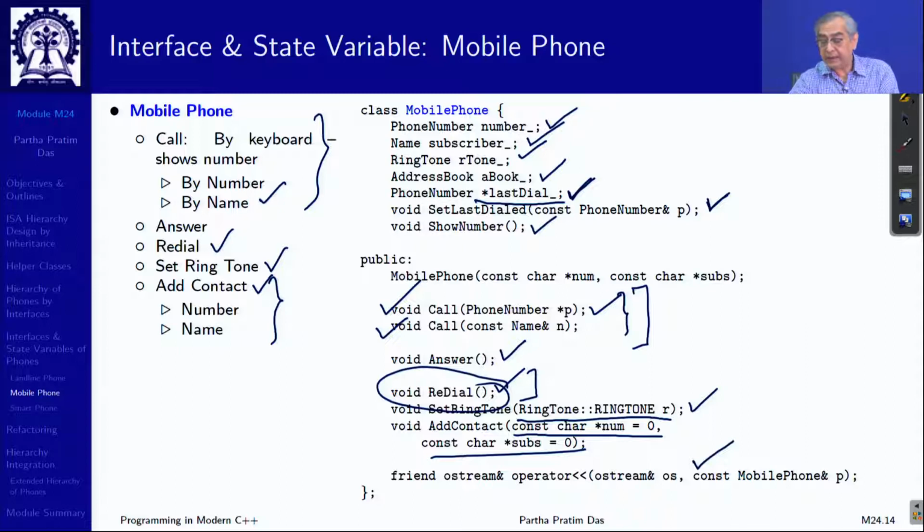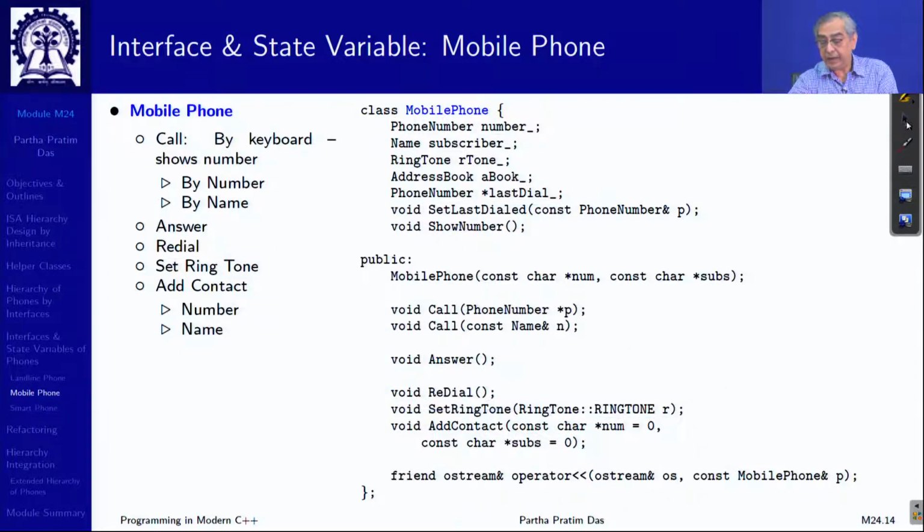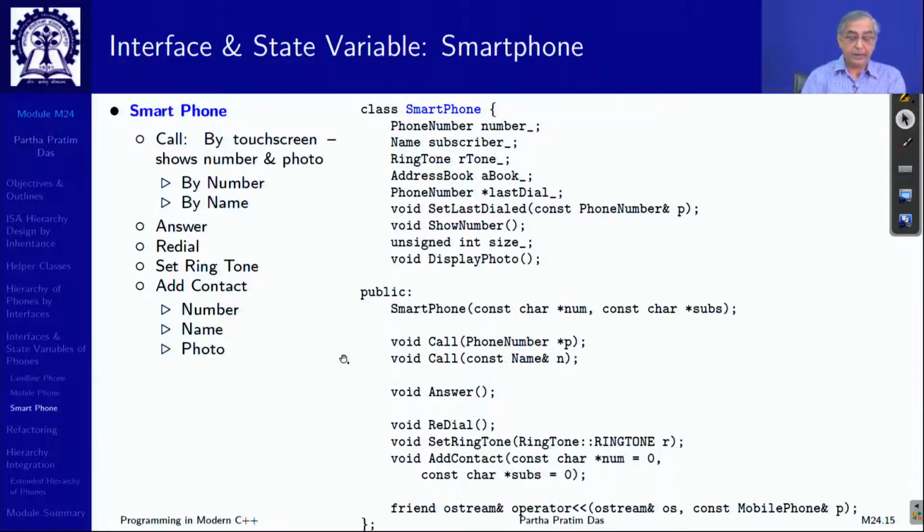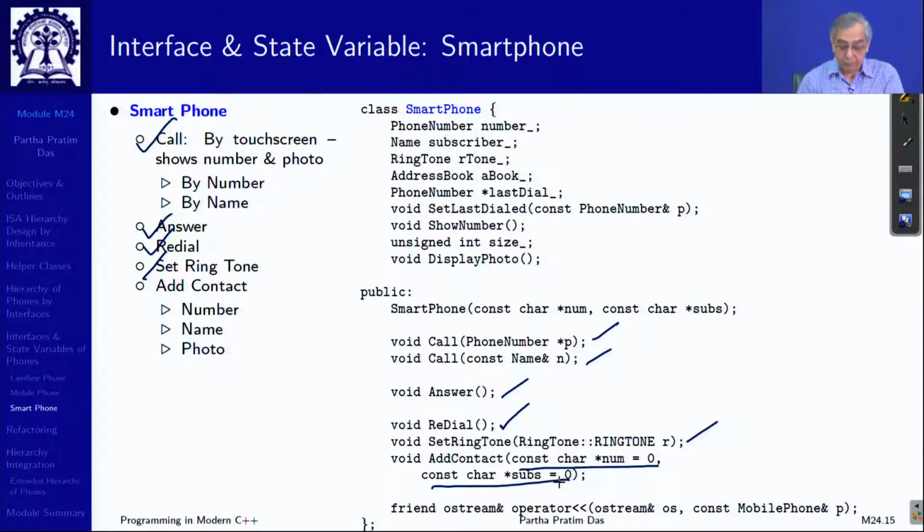Once you get this idea, then you will understand that when we take it further in terms of the smartphone, the things just keep on happening in the same way. I have two ways to call, I have a way to answer, I have a redial, I have a provision to set ringtone, I have add contact, I may be able to put a photo in as a part of that, I have the constructor, the basic value.